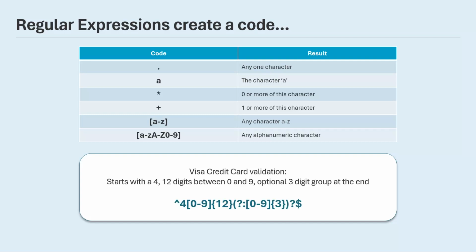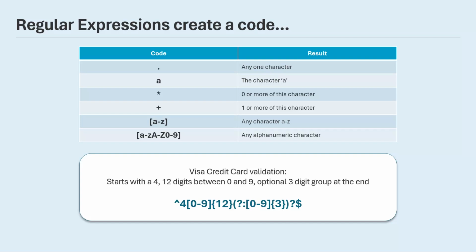The caret symbol means starts with. The dollar sign on the other end means ends with. So it starts with a 4. And then in the curly braces here, you see the number 12. So then there are 12 digits between 0 and 9. But then in the parentheses, you see the question mark. Then we have an optional 3 digits that are between 0 and 9.